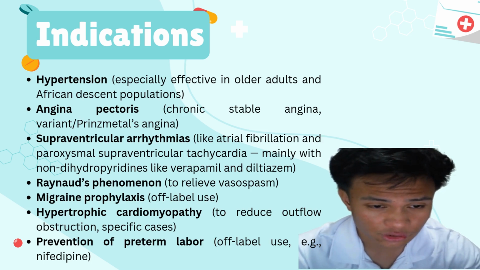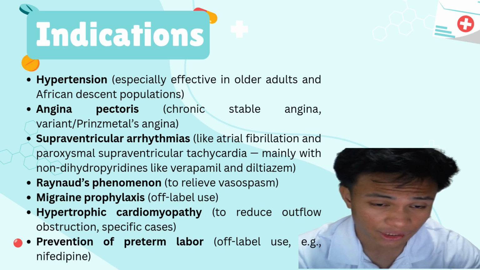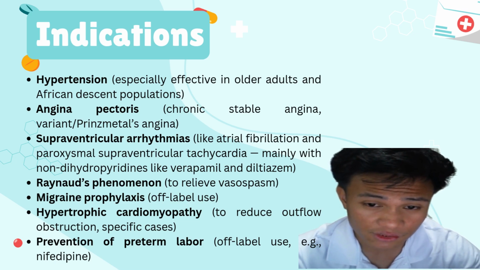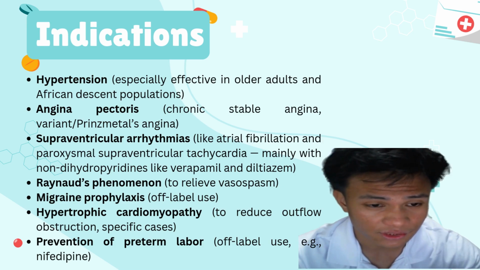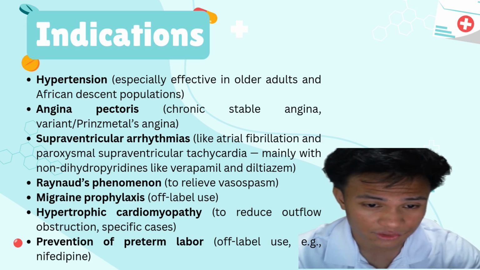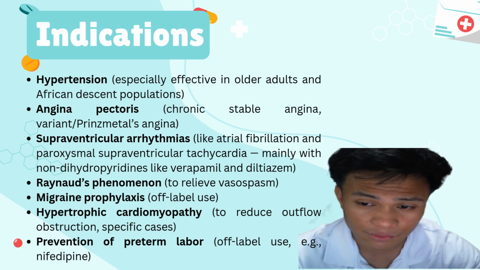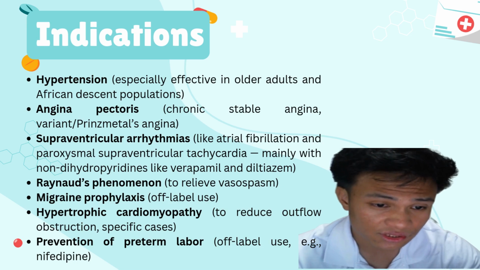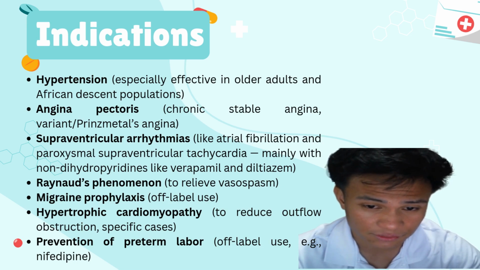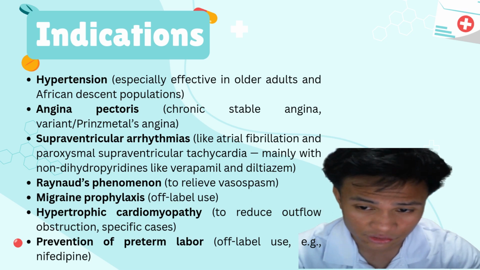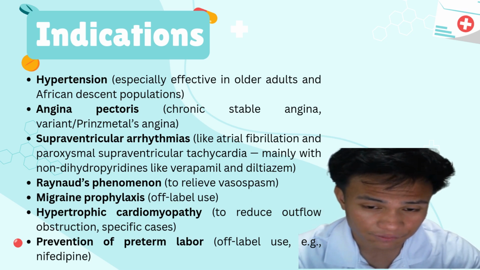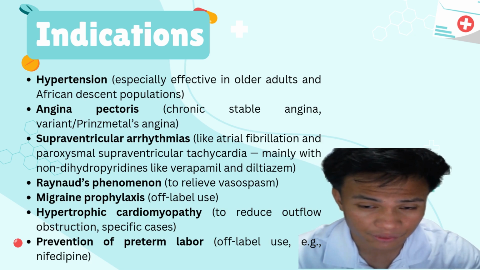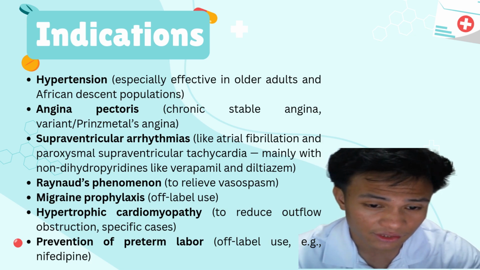Indications of calcium channel blockers. First is hypertension, especially effective in older adults and populations of African descent. Second is angina pectoris, chronic stable angina and variant Prinzmetal angina. Third is supraventricular arrhythmias like atrial fibrillation and paroxysmal supraventricular tachycardia, mainly with non-dihydropyridines like verapamil and diltiazem.